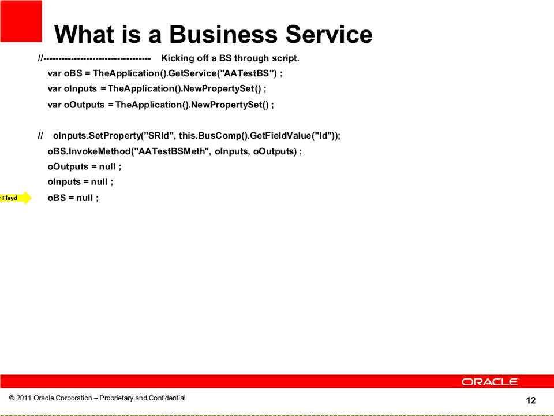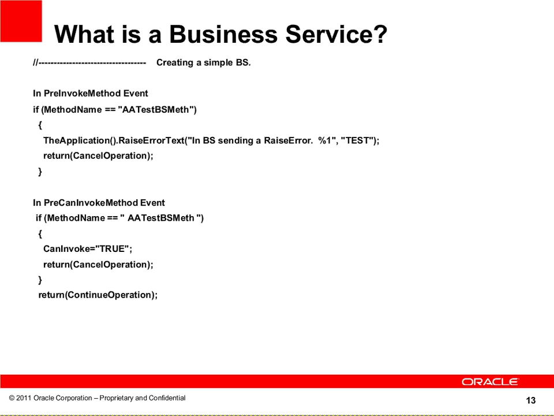On the next slide, we've got example code of how you would build a very simple business service. I'm going to start here on the second thing, in the PreCanInvokeMethod. Again, like on the applet, this is used to enable the method that you're trying to add.